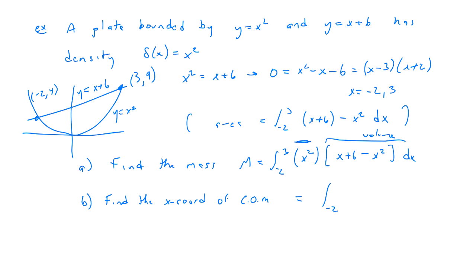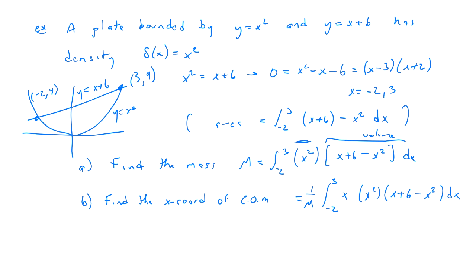I put in an x, so I do the x times the x plus 6 minus x squared. And again, it's the same as the last one, except it's more complicated, where that's 3 up there. We're doing the average value of all the x's from -2 to 3 multiplied by the weight, which means I also have to divide by m. So I have that.